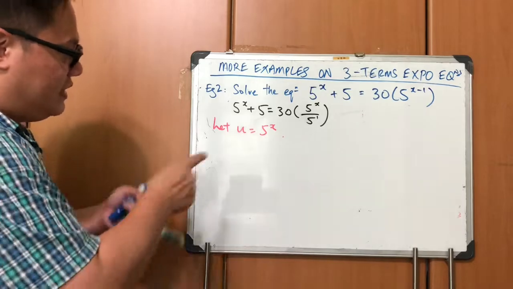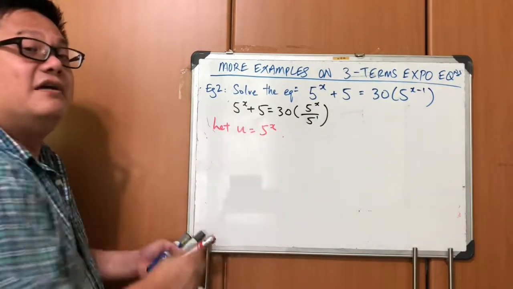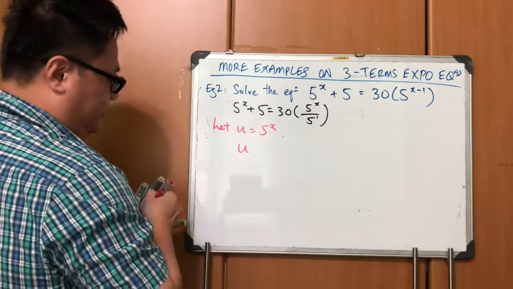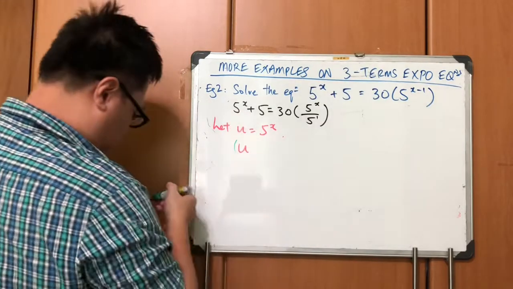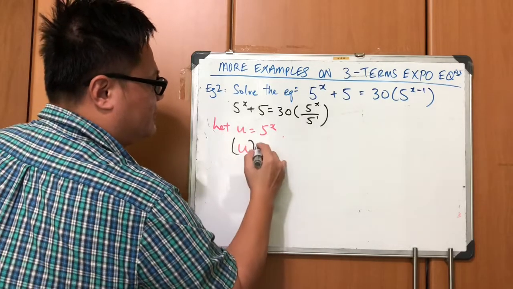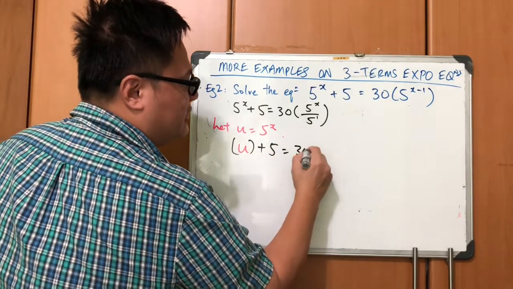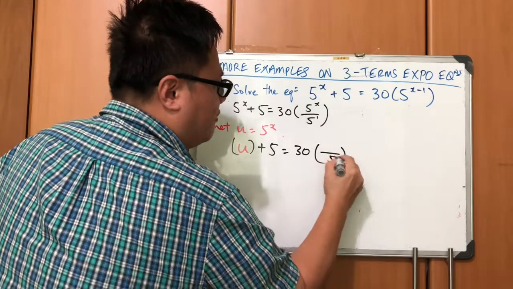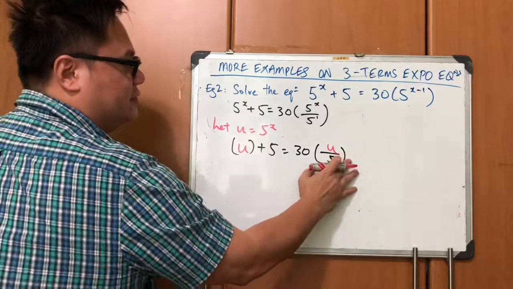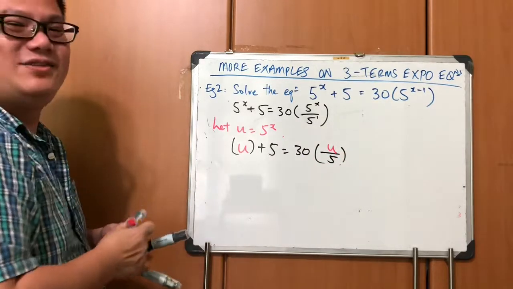So I'll just replace my 5 to the power of x with u. So this is u, plus 5 equals 30 bracket, and then I replace my 5 to the power x again with u. So far so good.